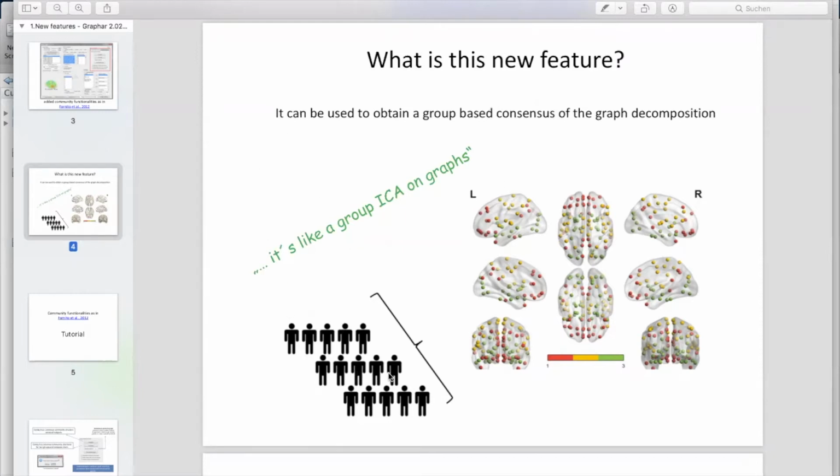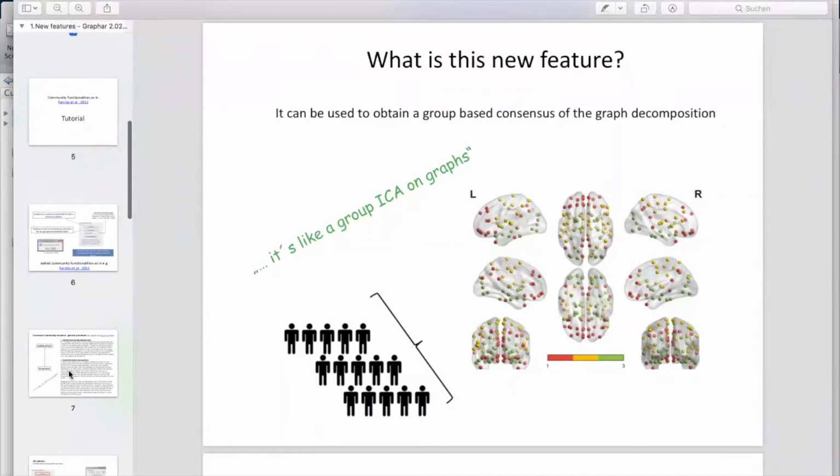So it enables you to obtain a community structure across a group of individuals, but also to compare the community structure, let's say, between two groups of individuals, and to find out whether the number of communities would be the same, the alignment of nodes to specific modules would be similar between those two groups, and so on and so forth.